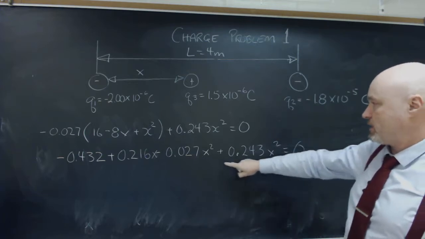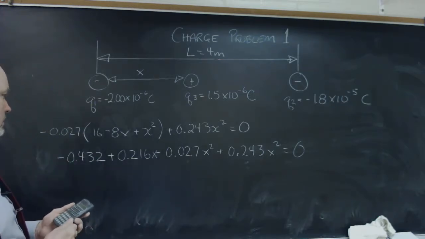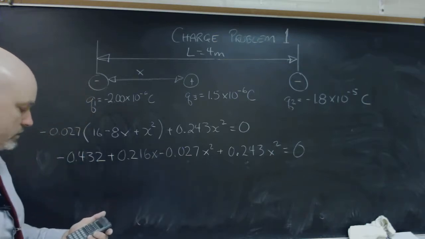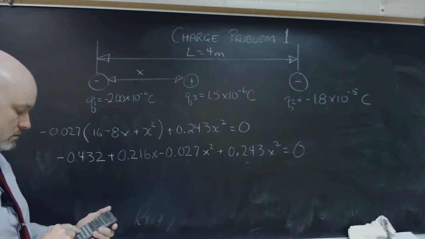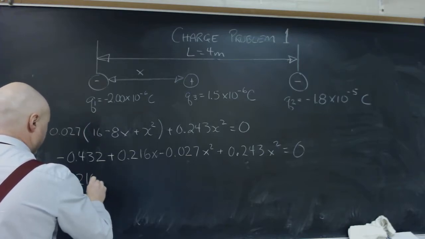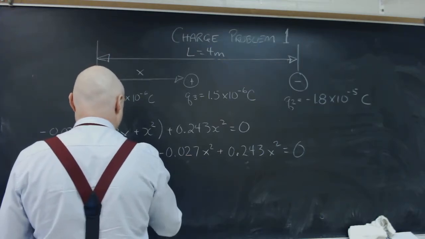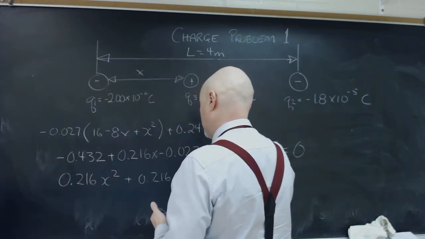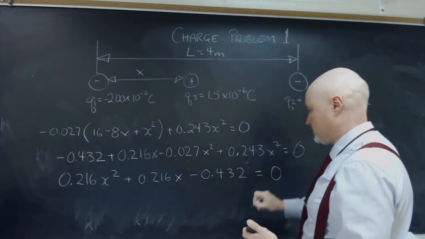Okay. Now I can collect my like terms because I've got a couple of x squareds here. And so 0.243 minus 0.027 is 0.216 x squared plus 0.216 x minus 0.432 is equal to 0.